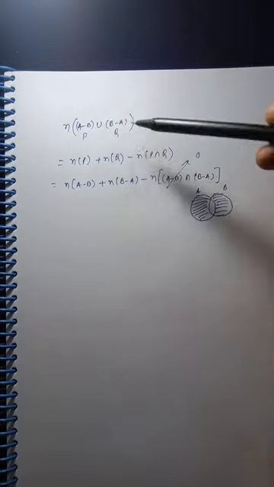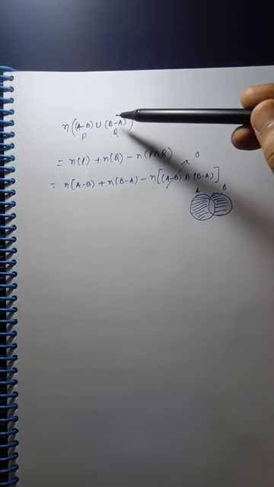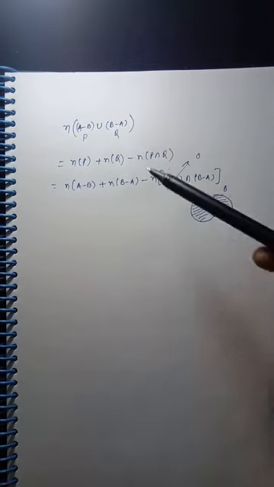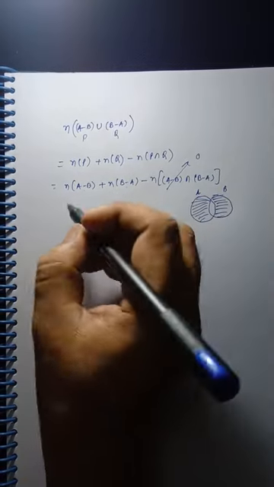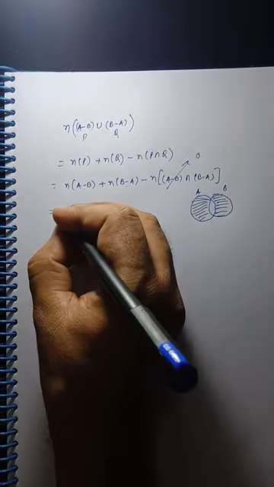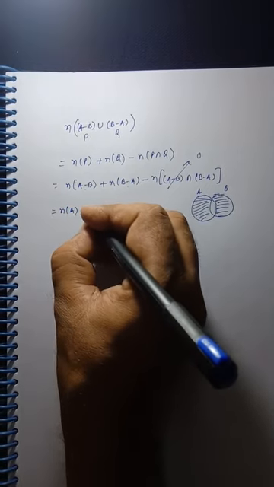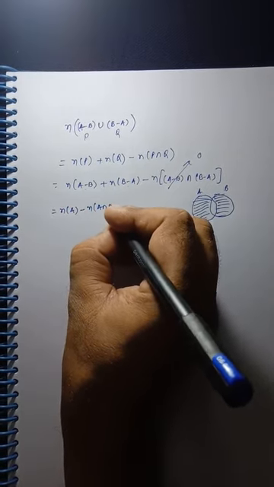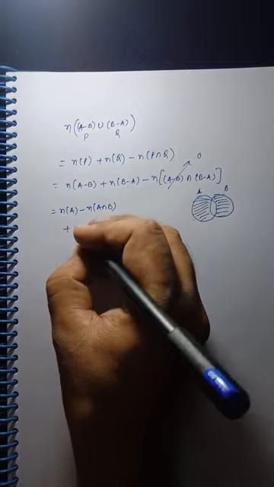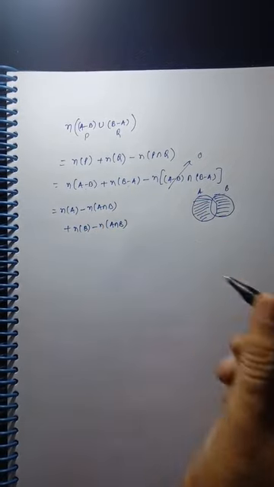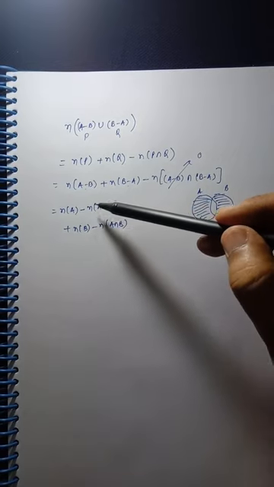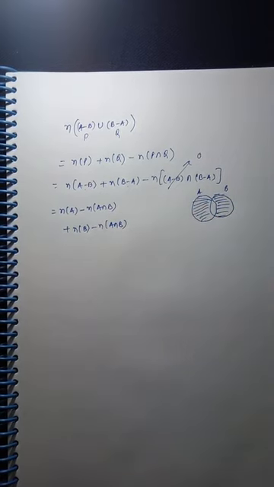So n of A minus B union B minus A can be written as n of A minus B plus n of B minus A. And this n of A minus B can be written as n of A minus intersection part, plus n of B minus A can be written as n of B minus intersection part. So finally we will get n of A plus n of B minus 2 times their intersection. So this is the formula for A delta B.